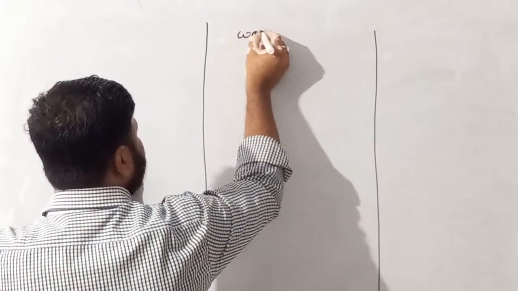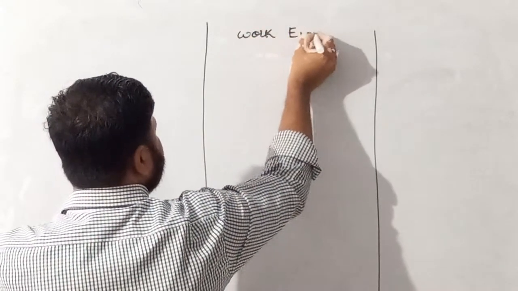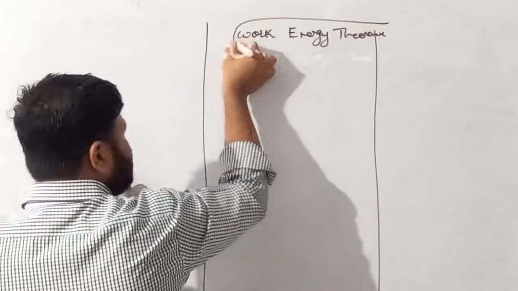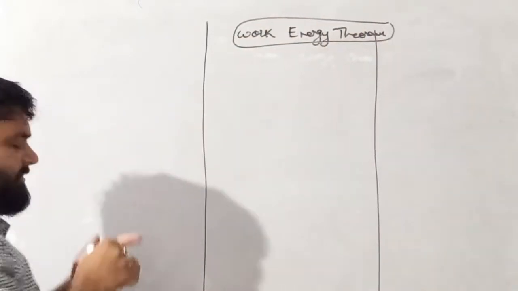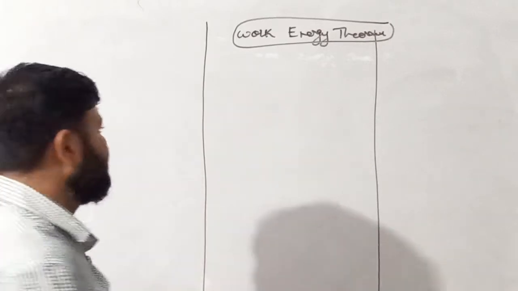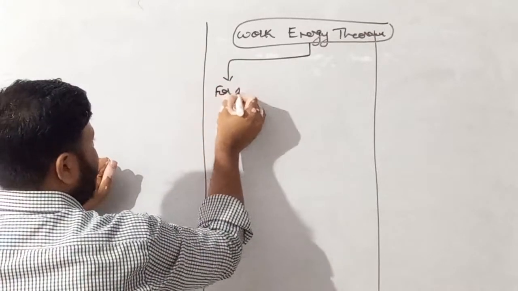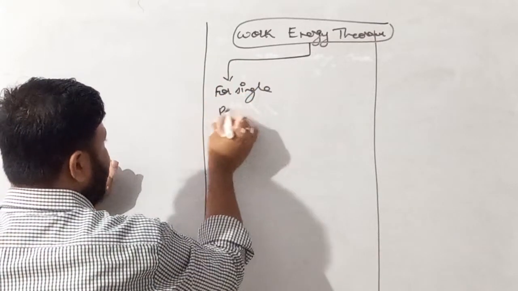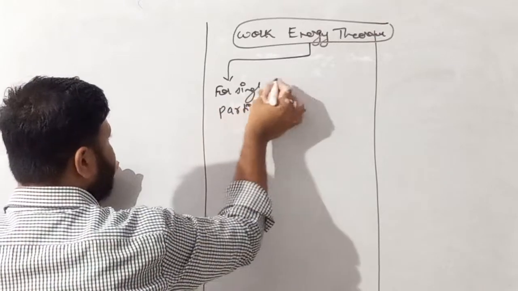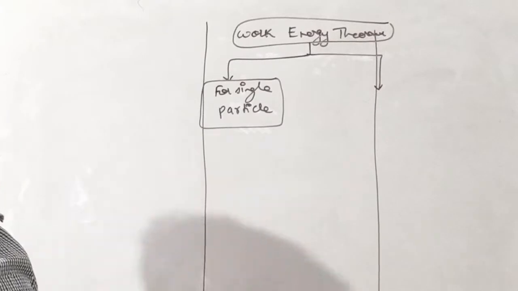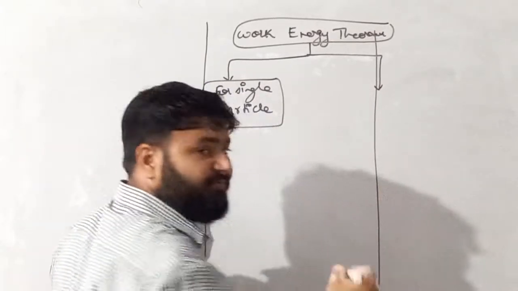See, my dear student, the work energy theorem is categorized into two parts. The work energy theorem is basically classified into two types: first, the work energy theorem for a single particle, and second, the work energy theorem for a group of particles, meaning for a system.